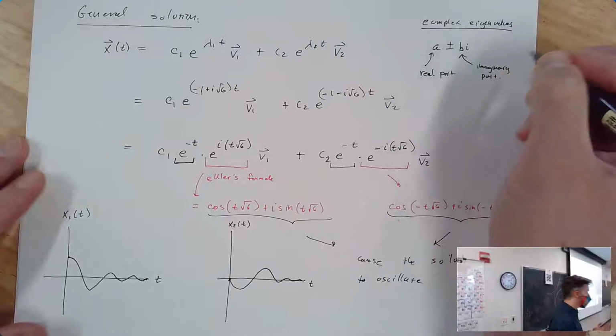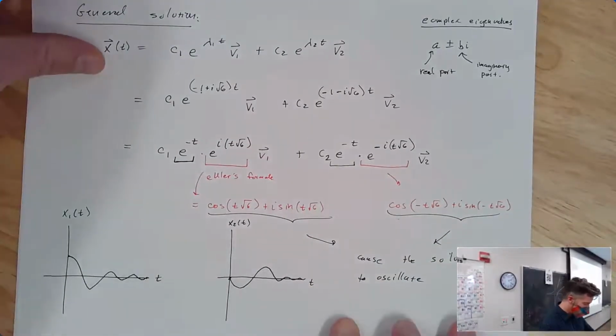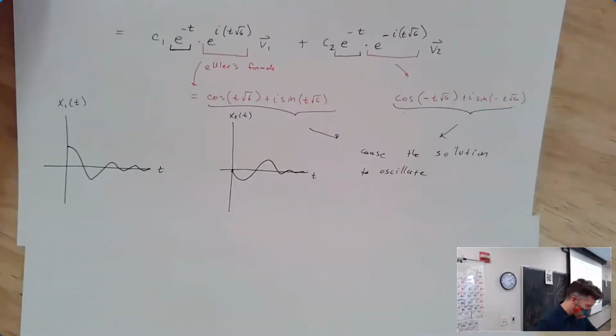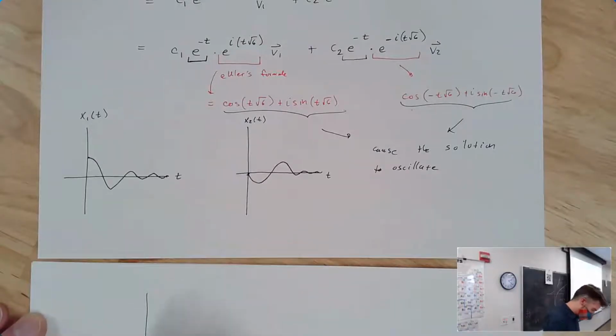So if there is an imaginary part, that's where you get this oscillation. And if we draw the phase plane, it looks something like this, where we start maybe over here, and it spirals inward, because we're oscillating back and forth, but we're still getting smaller and smaller and smaller, and so on.